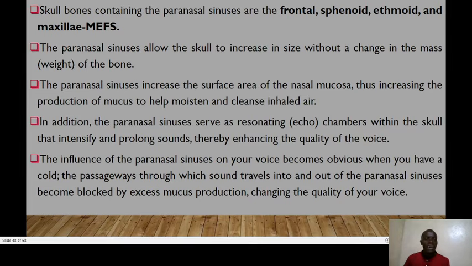They intensify and prolong sounds, thereby enhancing the quality of the voice. The influence of paranasal sinuses on your voice becomes obvious when you have a cold. Okay, the passageways through which sound traverses into and out of the paranasal sinus become blocked by excessive mucus production, so changing the quality of your voice.